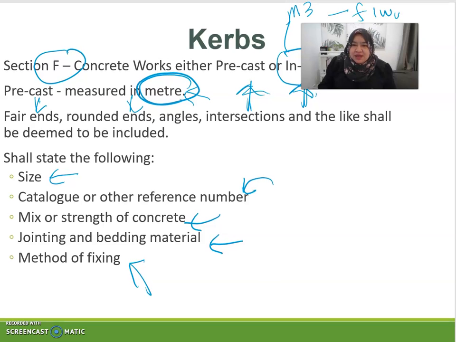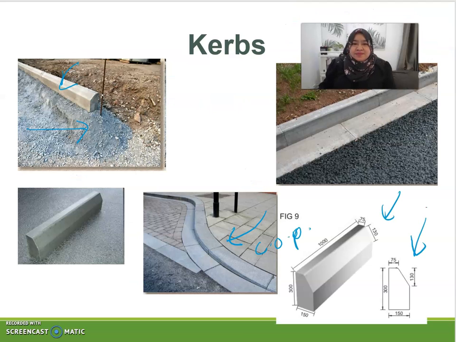You need to include the item for formwork and reinforcement if you have any. You should also mention the overall sizes of your curb in your description. If you have the catalog or other reference number from the drawing, it should be included in your description as well. Mix of concrete, jointing and bedding material, and method of fixing the curb as well.